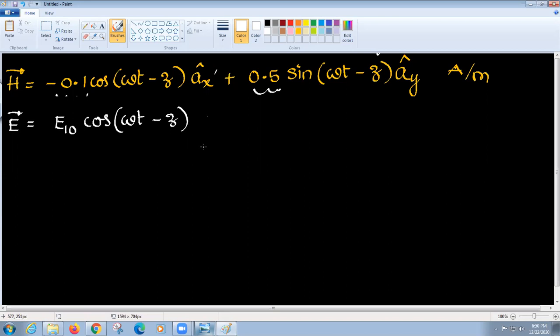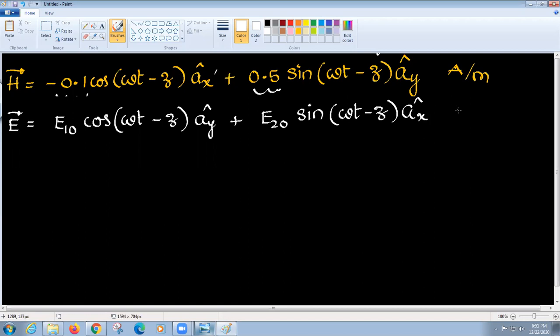So what is AE1? Anyways, this is AY, you found this. And I take this one as something like E2 naught. I'm just taking the same form for E, like cos omega t minus Z. I got AE2, this is AH2. AH2 is equal to AY. So AE2 is equal to AX roof.